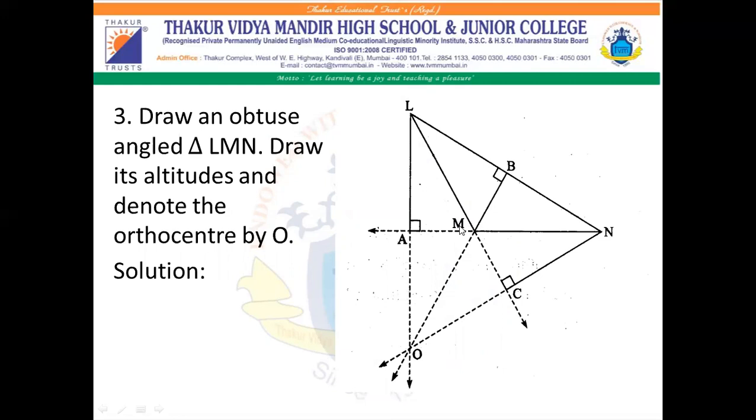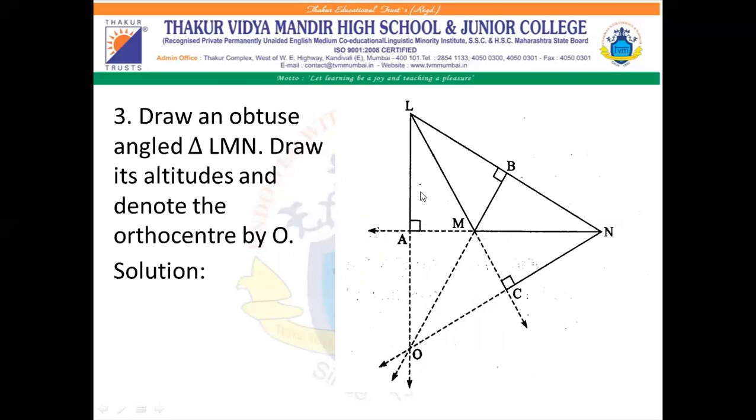Here, in triangle LMN, measure of angle M is more than 90 degree. Therefore, triangle LMN is an obtuse angle triangle. Here, first of all, extend the sides LM and NM.